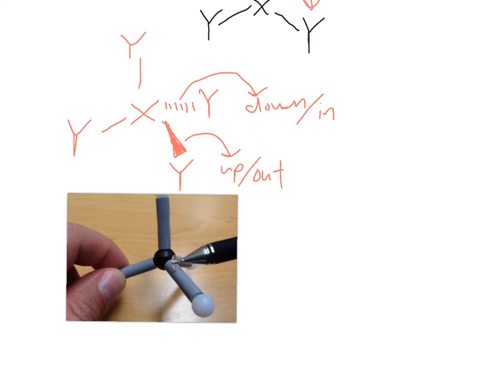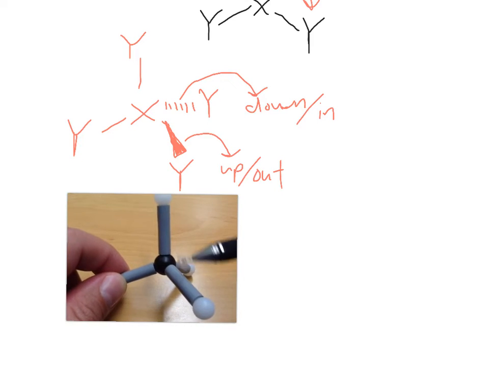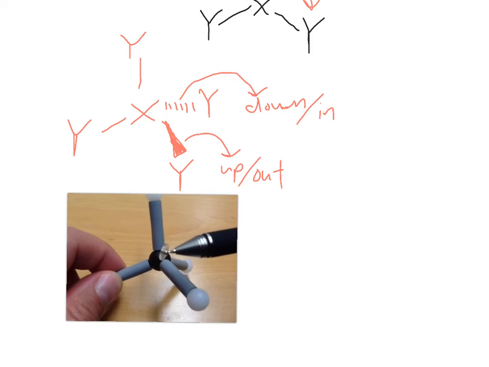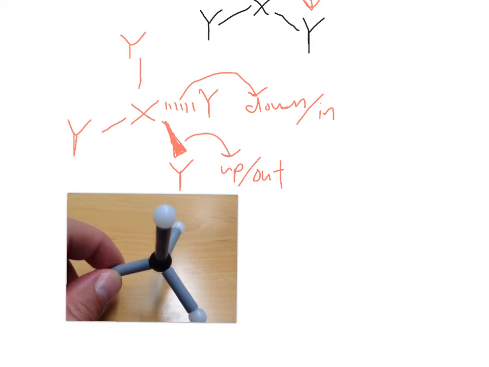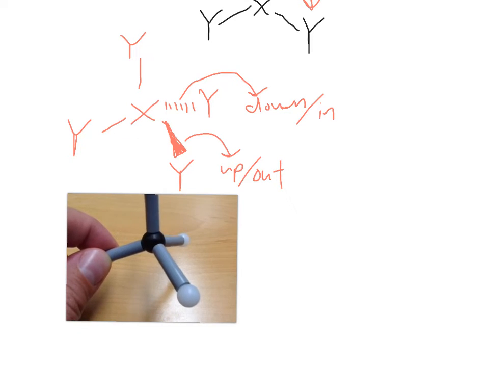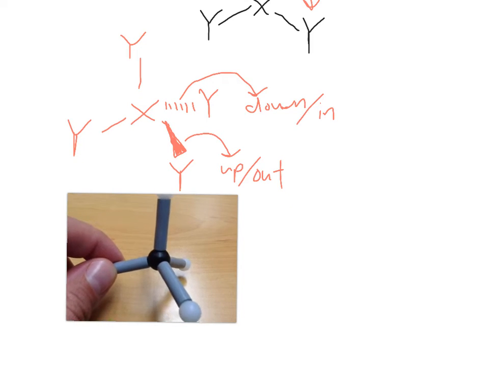This bond is the wedge coming out at your eye. And these bonds, the way this is being held, are all in line with each other, in the same plane. Rotate it that direction: that back bond would be on a dash, the front bond on a wedge. And that's a tetrahedral geometry.